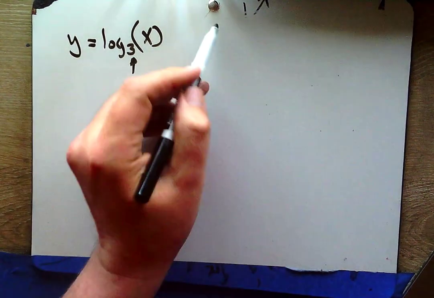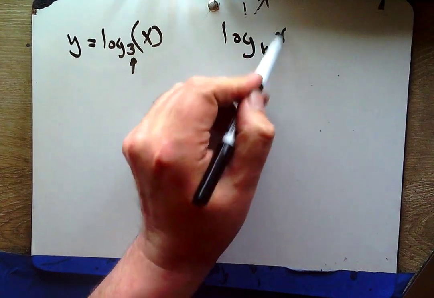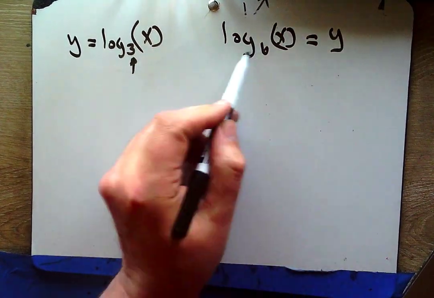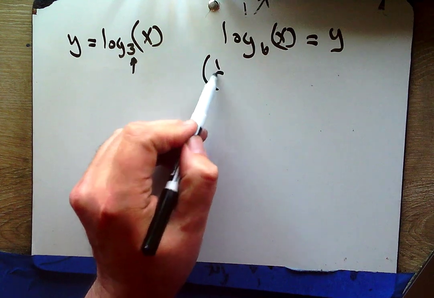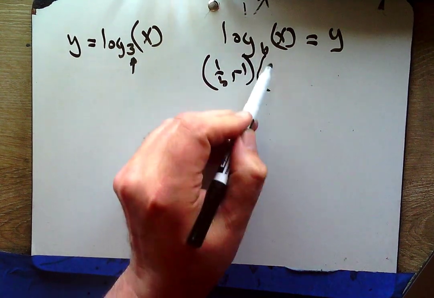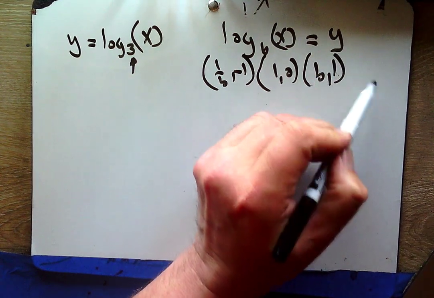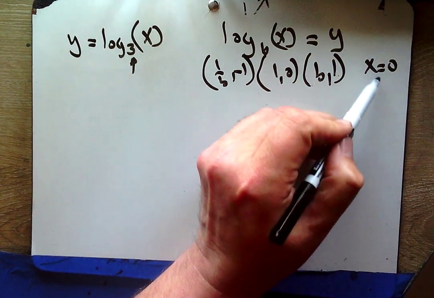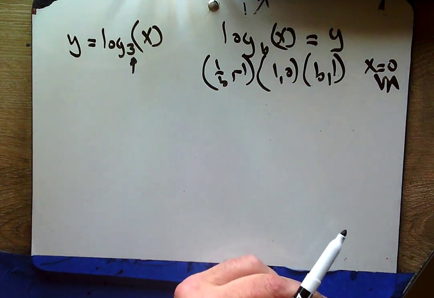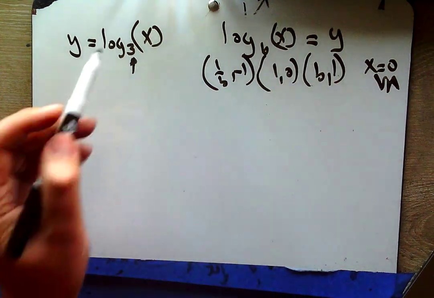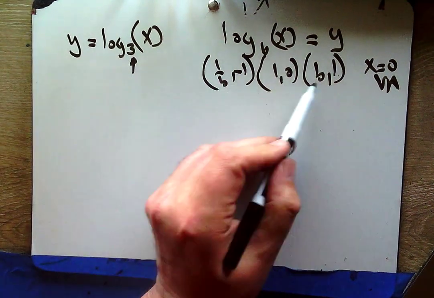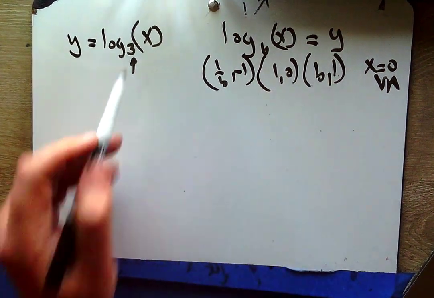And remember, our reference points for log base b of x were 1 over b, negative 1; 1, 0; b, 1; and x equals 0, a vertical asymptote. Okay? So our base is 3, which means I'm going to replace these b's with 3's.